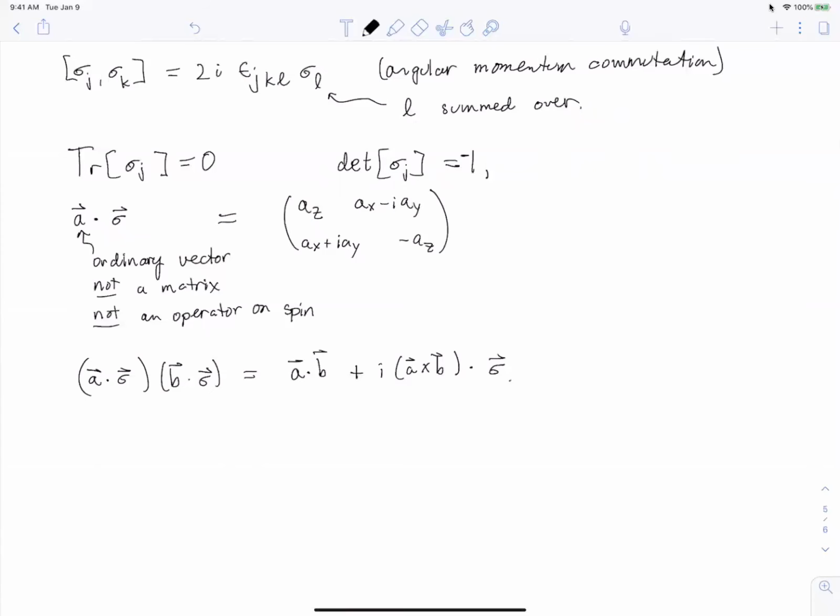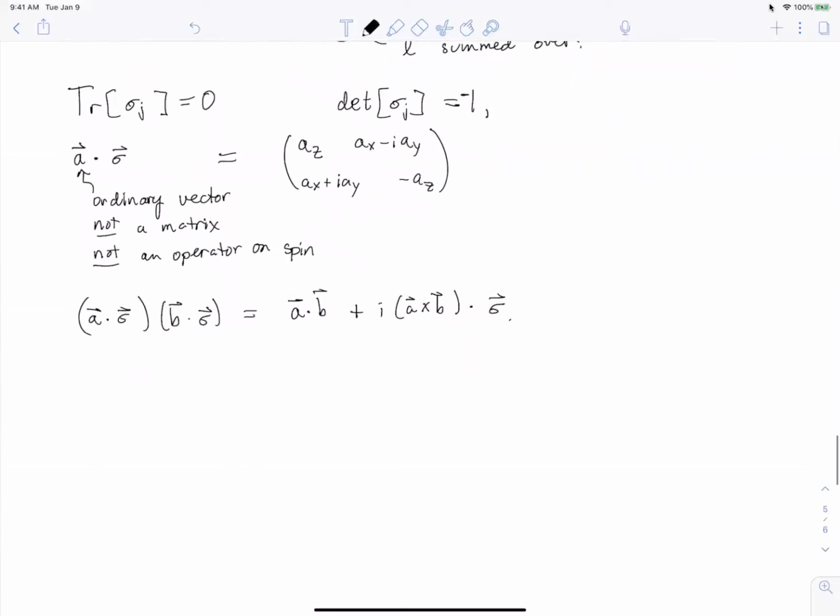Of those possible relations, the most valuable one usually is the following. If A and B are the same, and so if I take A dot sigma and I square it, I just get the magnitude of A squared, which is otherwise known as the sum of the x, y, and z components squared.